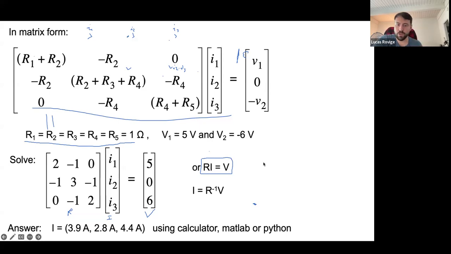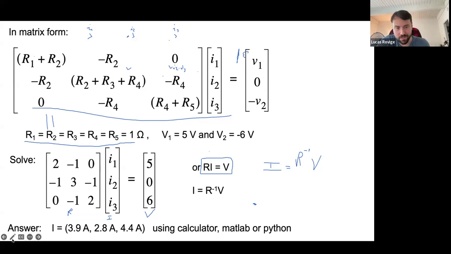And so using Ohm's law, we can write that the current matrix is equal to the inverse of the resistance matrix multiplied by the potential matrix. And so we see that if we just calculate the inverse of this resistance matrix, we just have to multiply this inverse matrix by the potential matrix, and we get the solution of our system.